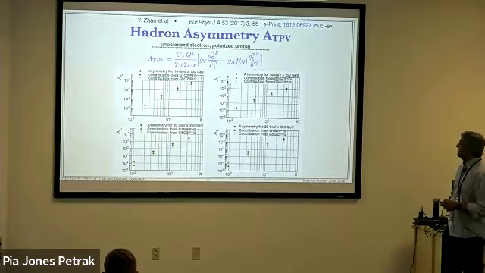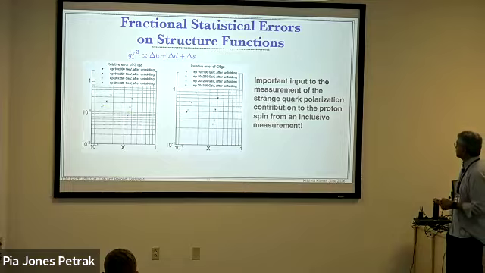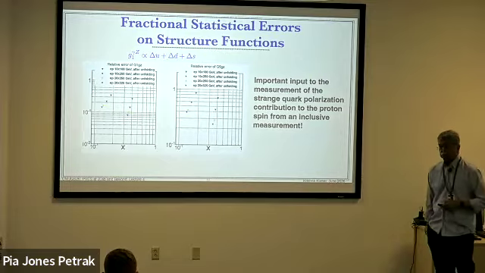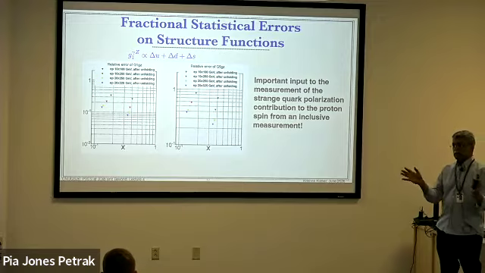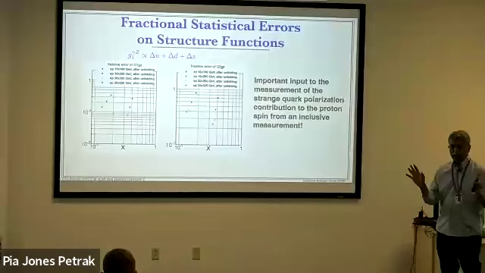This is going to be a hard measurement. If you zoom in there, right here at this high X, you can measure it to maybe 10%. This will be an important input for the strange quark polarization contribution. Otherwise, the only way to get a delta S is to use semi-inclusive measurement, which comes with its own can of worms of theoretical uncertainties.